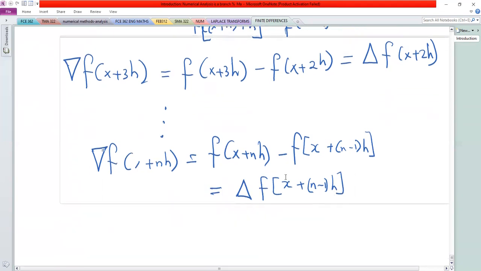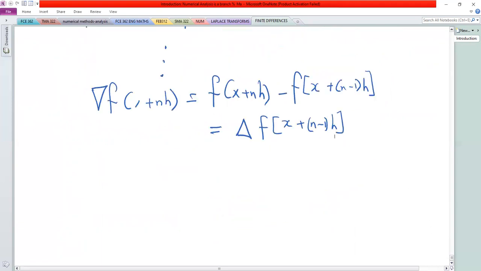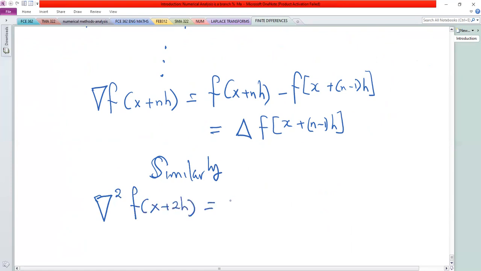So similarly, we can define second differences. The second backward difference of the function f of x plus 2h is the same as forward of backward of f of x plus 2h.